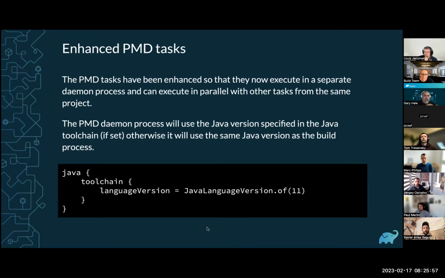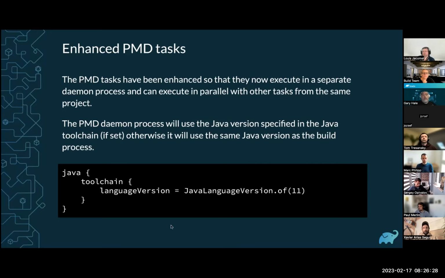The other aspect of this is that PMD now runs in a daemon process. So it runs out of process. Previously, it ran in the build process itself. Now it runs in its own daemon. And one of the benefits of this is that it will detect the Java toolchain that you have configured, if you've configured it. And so, for instance, if you had set the toolchain to use Java 11, the PMD process will also use Java 11.